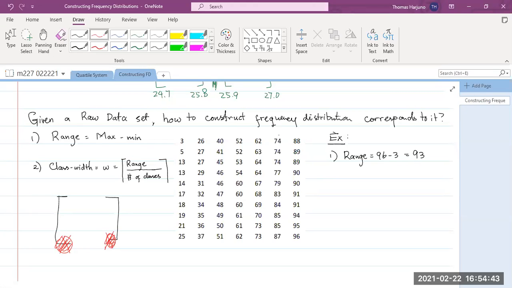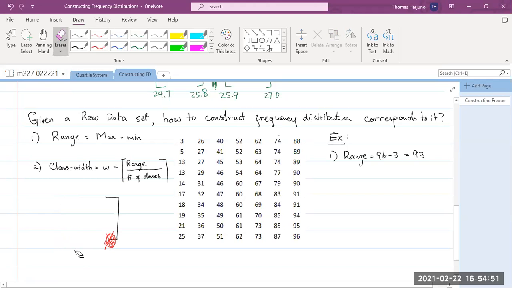But it doesn't have to be the next integer. It can be the next decimal place, the next second decimal place, the next third decimal place. Suppose in this question we need to break it into 4 classes.